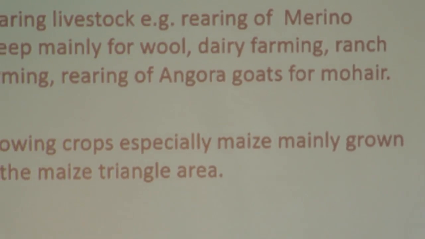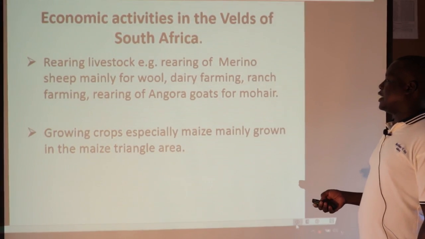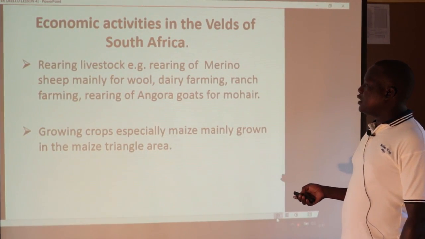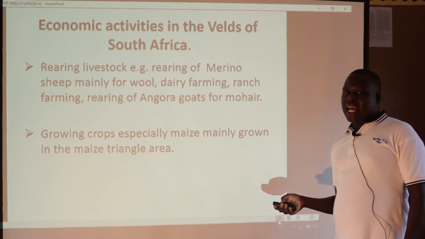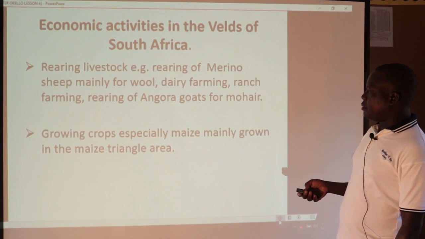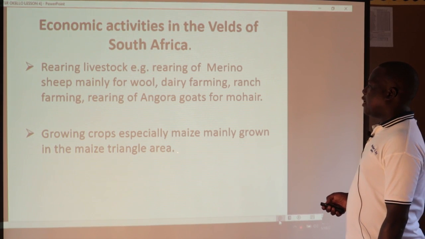Maybe we can go back to the board and say growing crops, especially maize. Mainly grown in the maize triangle area. So in South Africa, that area in the temperate land where maize is grown is mainly in the maize triangle area.